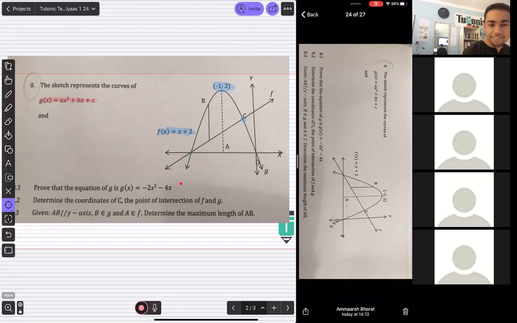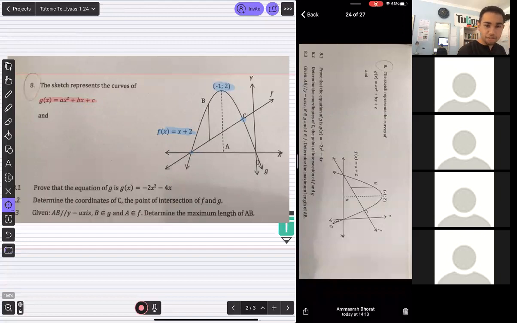Because C is 0. It's cutting the y-axis at 0, and since C is the point where it cuts the y-axis, and the y value there is 0, that's why C is 0. Everybody understand? Yes, I do.